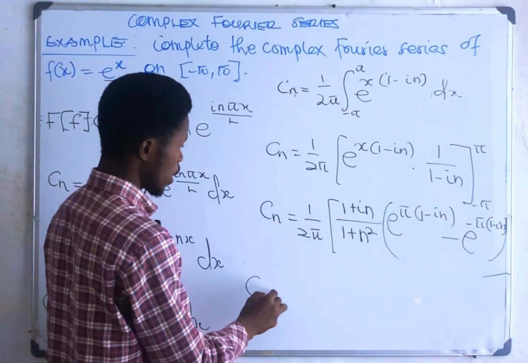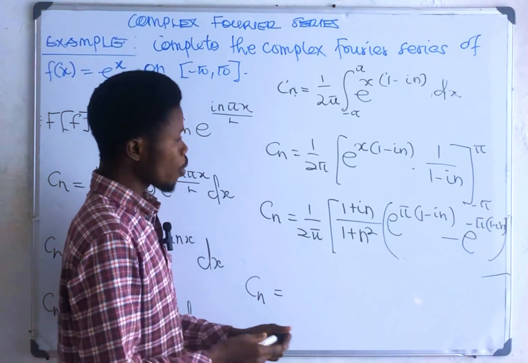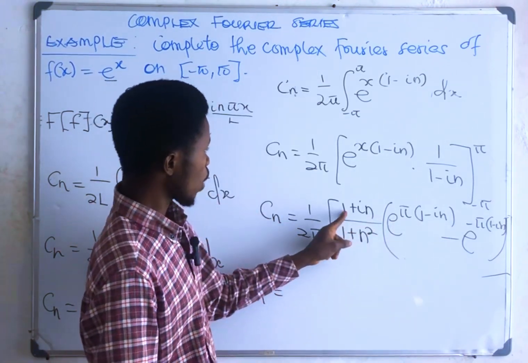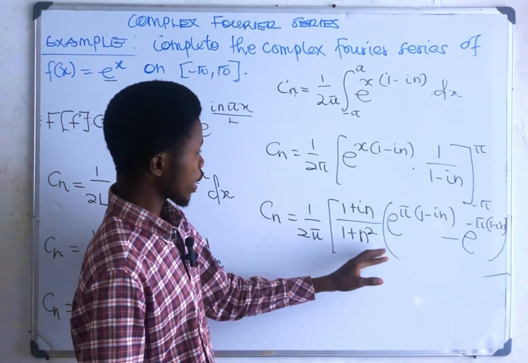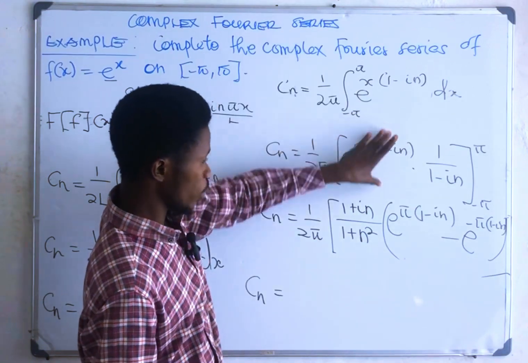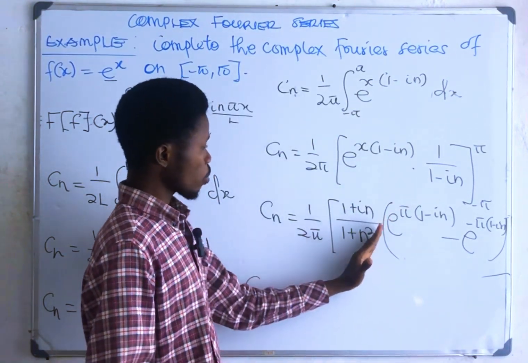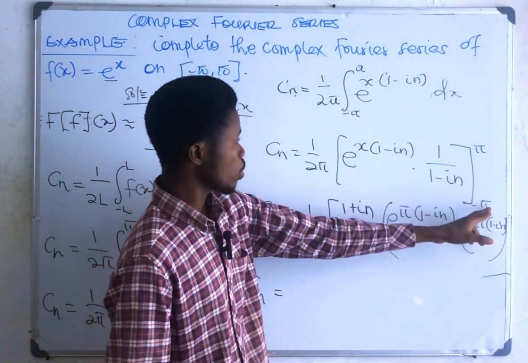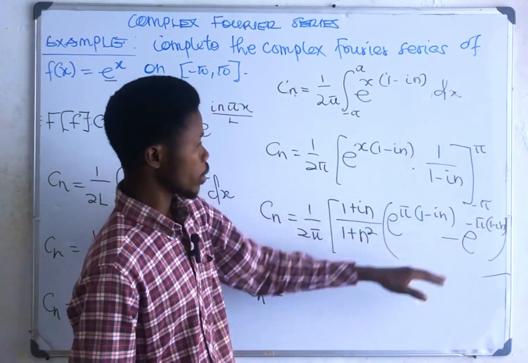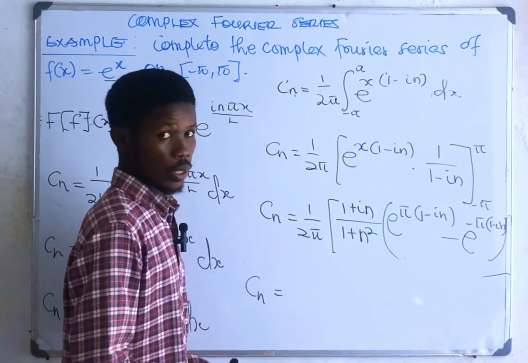So it means that my Cn is going to be, I hope you're okay with this one, this 1 plus i n over 1 plus n squared is affecting the whole of this. So that's why I factorize it out. Then I will substitute the upper and the lower limit into it. Is that okay? All right.